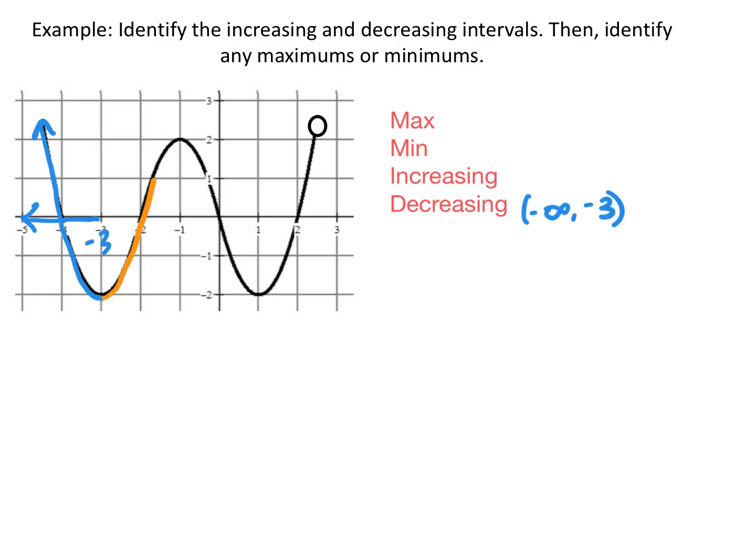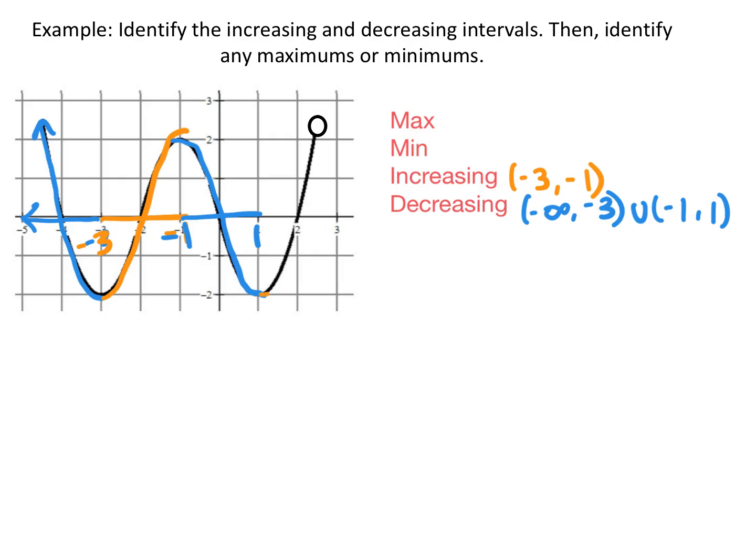So from this point over here, from -3 to -1, I'm increasing. And then from this point here down to over here, so from -1 to 1, I'm decreasing. I put the U in the middle for the union.